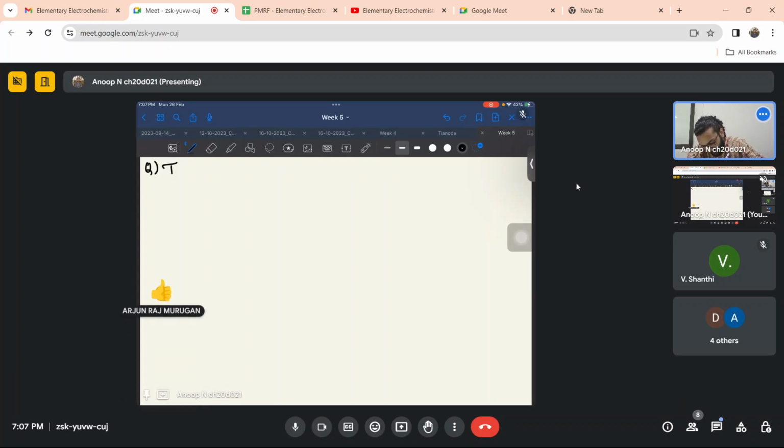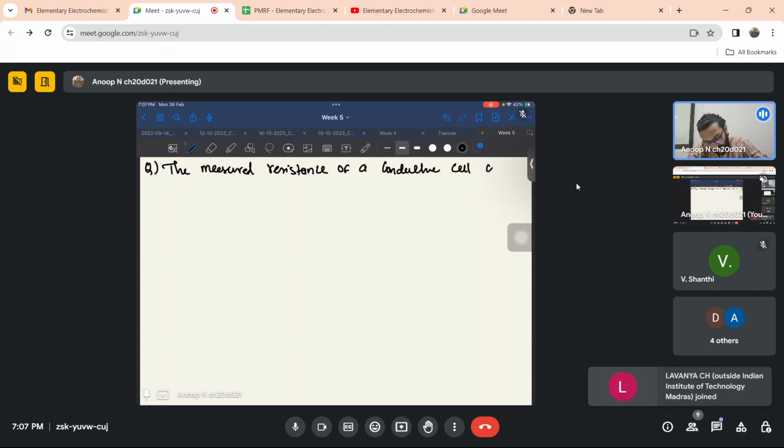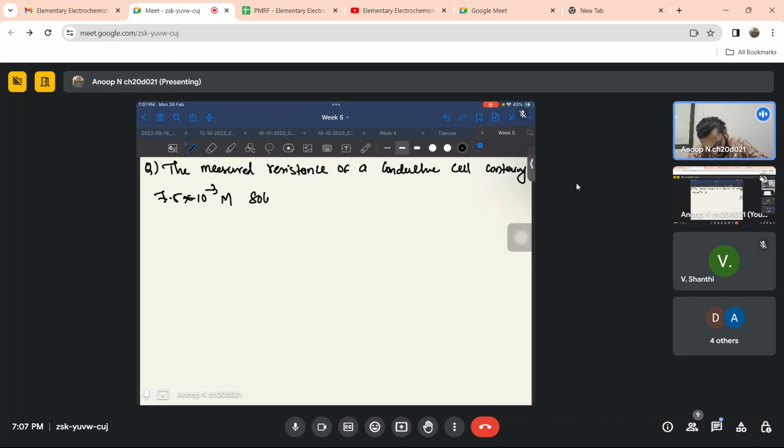The question is: the measured resistance of a conductance cell containing 7.5 into 10 raised to minus 3 molar solution of KCl at 25 degrees centigrade is 1005 ohm.